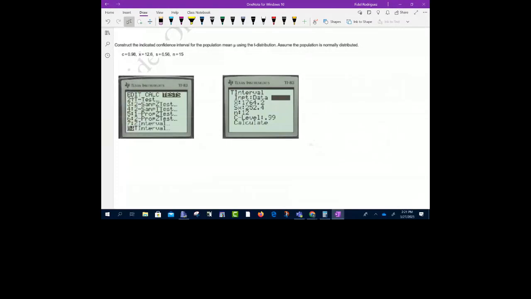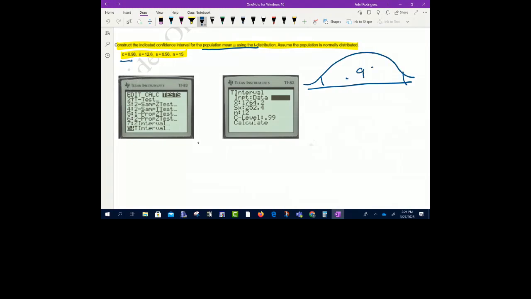So I want you to notice what they're telling me here. They're asking me to construct a confidence interval for the population mean. Y'all, I cannot emphasize this enough. We're always going to be talking about our population mean, okay? So first thing is we want a 98% confidence level. So my friends, I'm going to draw my normal curve, right?